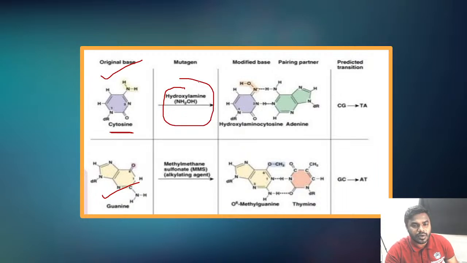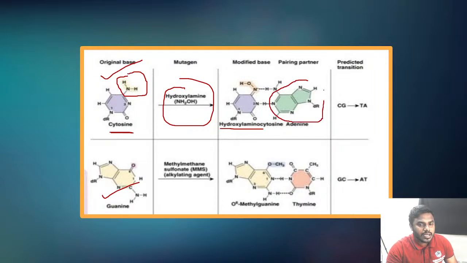All the students, try to remember. This is the cytosine, right, friends? Cytosine has an NH2 group, we all know that. So this particular cytosine is converted into what now? Hydroxylaminocytosine.